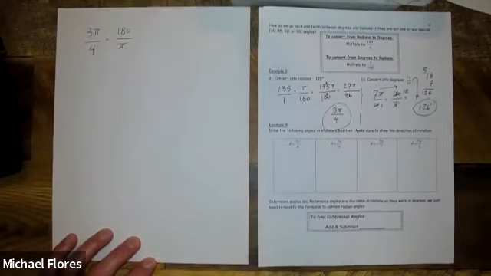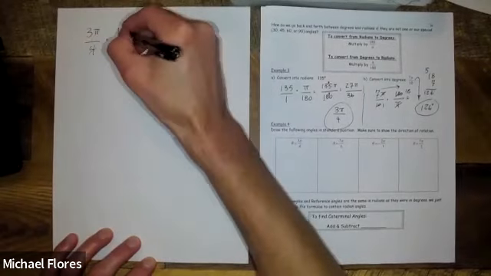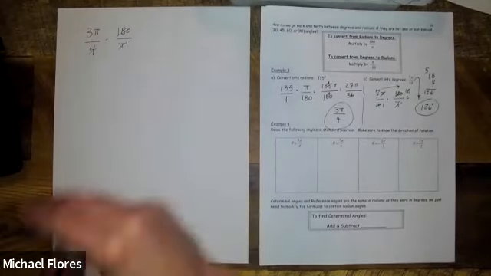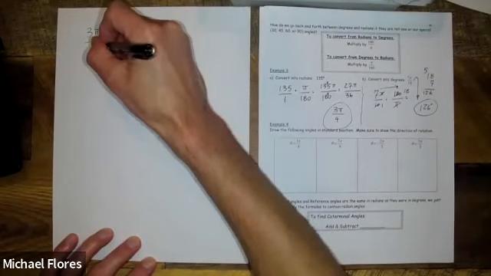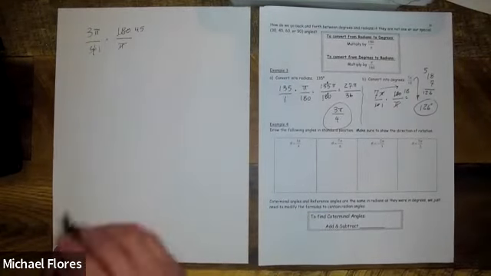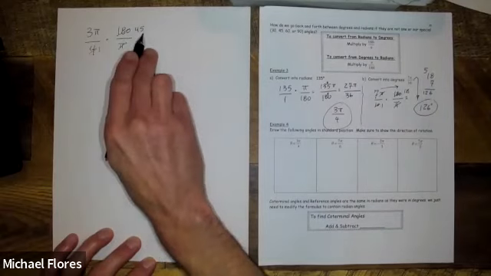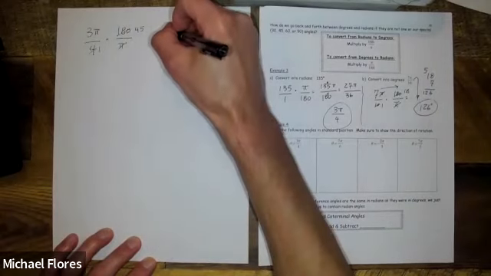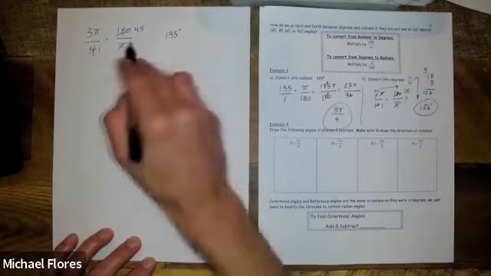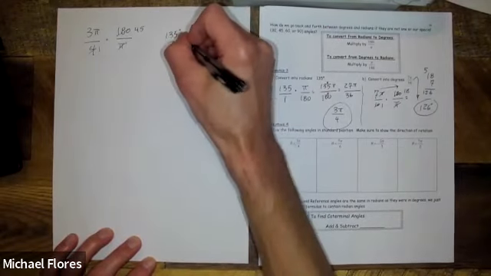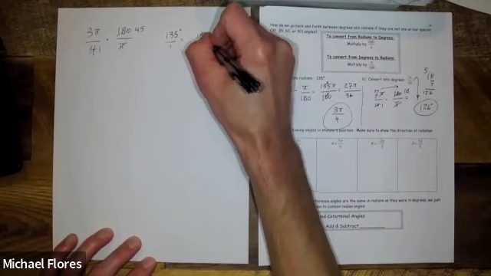The pi's cross cancel. 4 goes into 180 45 times. 4 goes into itself once. So now we can do 3 times 45, which would be 135 degrees. And here we just have 1 times 1, which is 1. We don't need that though.